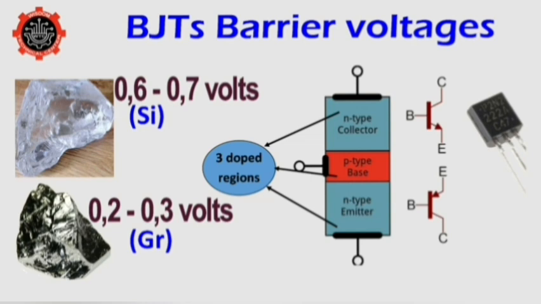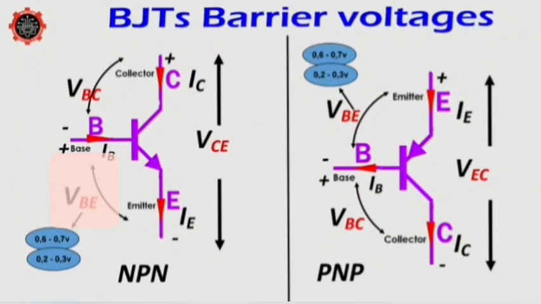And if it was germanium, it will be from 0.2 to 0.3 volts. So these voltages are going to be developed between our base emitter junction, VBE. Now the reverse bias voltage applied to the collector base junction is usually much higher than the forward bias base voltage across the base emitter junction.